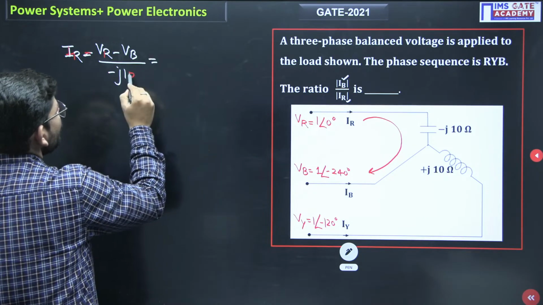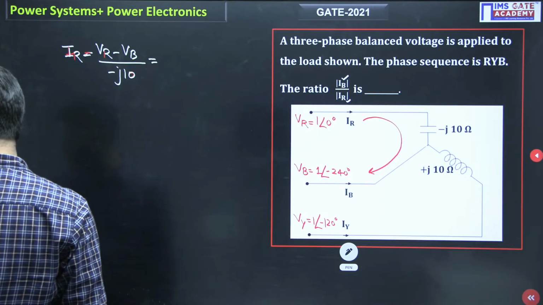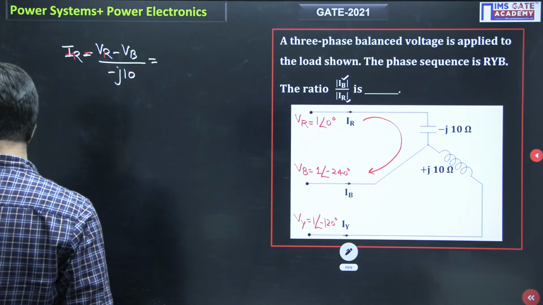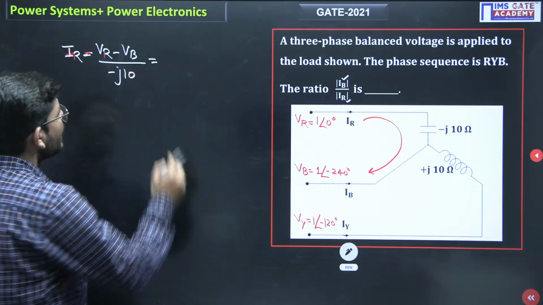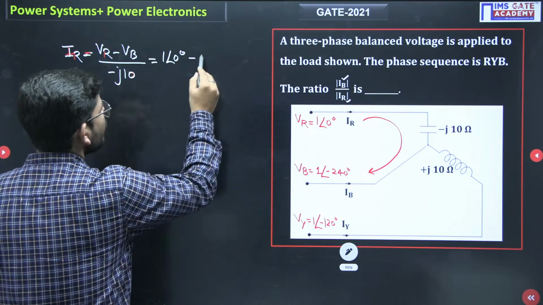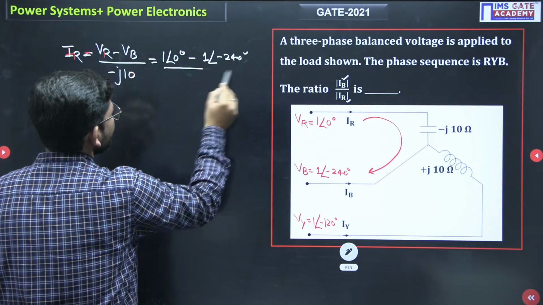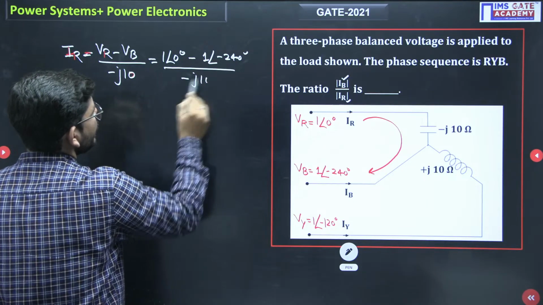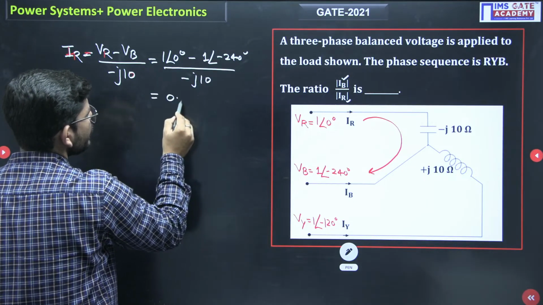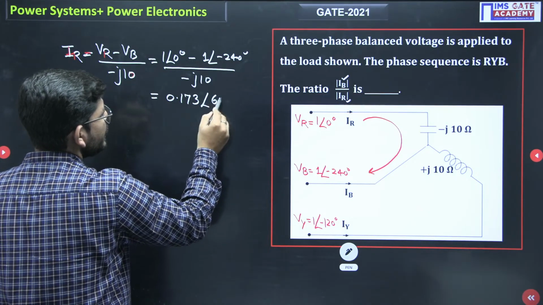Now put the values of these voltages. VR has a value of 1 angle 0, VB has a value of 1 angle minus 240, divided by minus J10. When you solve this equation, you will get 1.173 angle 60 degrees.